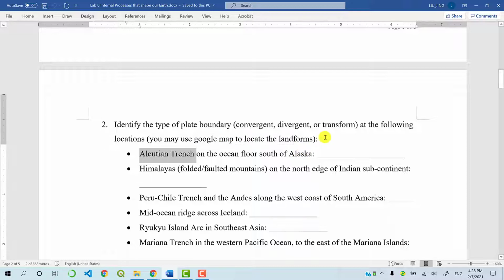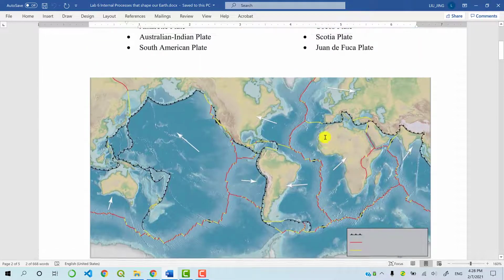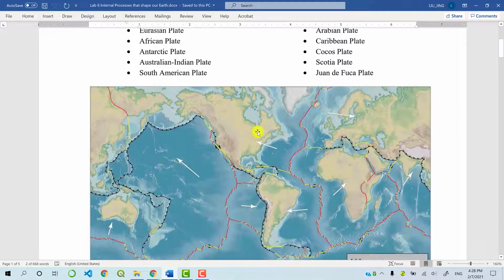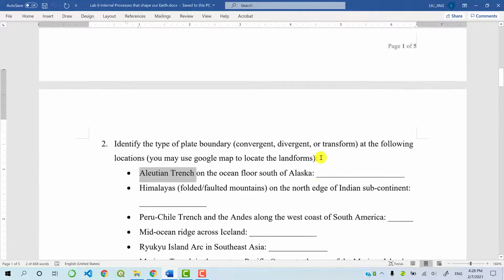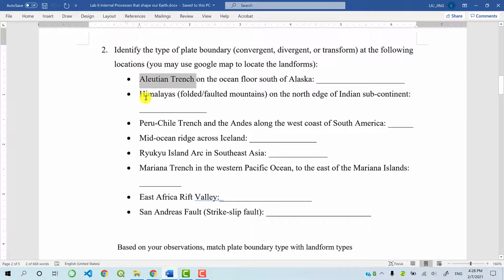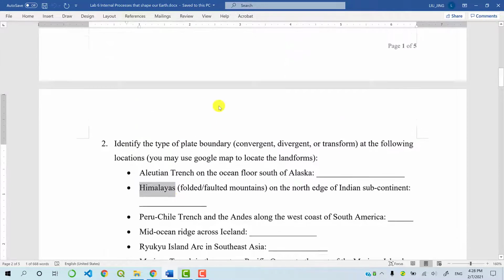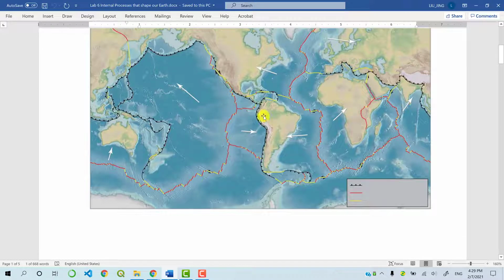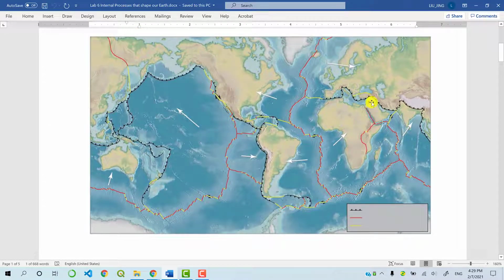In your lecture slide you have it, but let me label it here. Your Aleutian Trench is this one, south of Alaska. Is it divergent or convergent? Himalayas, where is it? The Himalayas is here, between the Indian subcontinent and the Eurasian continent.